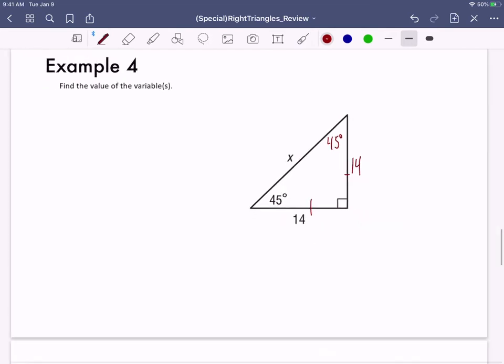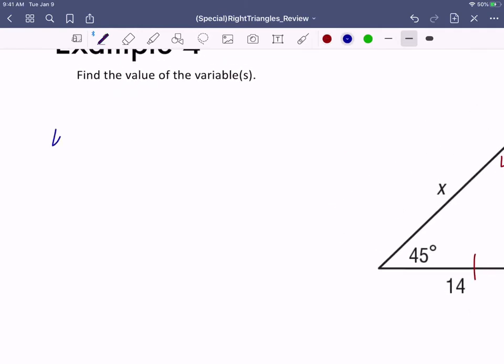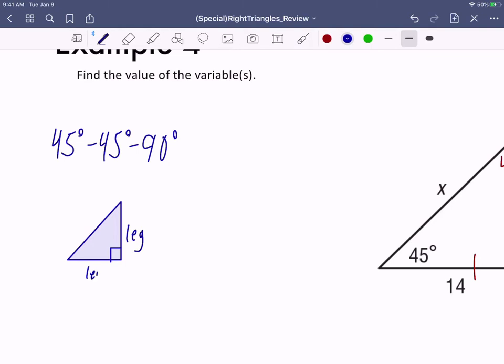So there's one relationship that you really need to know here. For the 45, 45, 90, I will just write this down for you: 45 degrees, 45 degrees, 90. So this is a leg, about the same. And this is going to be our hypotenuse, but this is leg times the square root of 2.